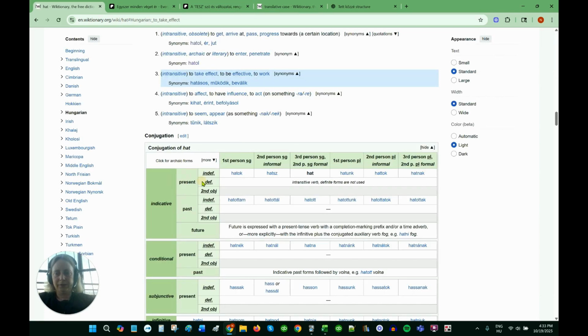One is definite and one's indefinite. And in this particular one that I looked at, there is no definite form. But the word for definite in Hungarian is határozott, because somebody's decided something or determined something. So this is the határozott ragozás.